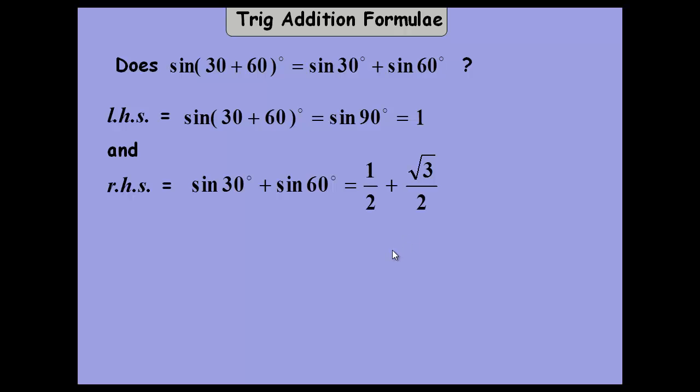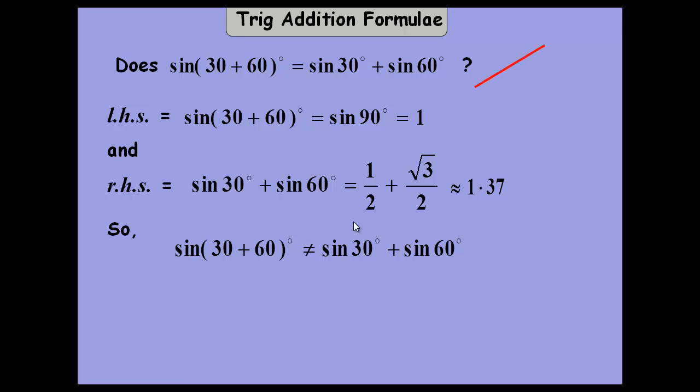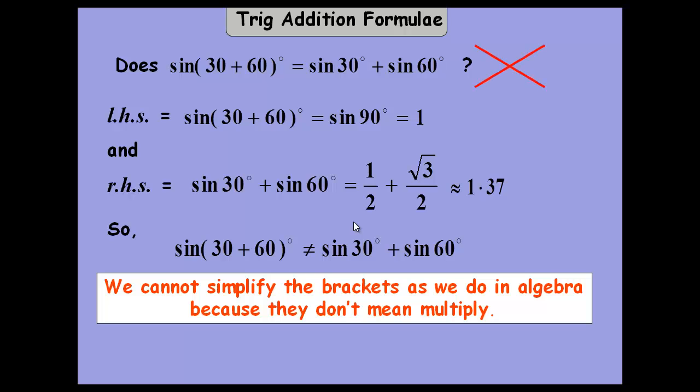And you can see clearly that's over 1. In fact, it's approximately 1.37. So before we start, just be clear that this doesn't work. We can't simplify as we do in algebra.